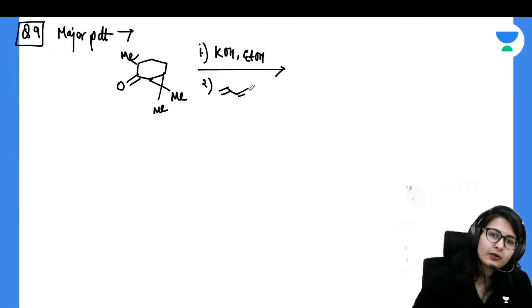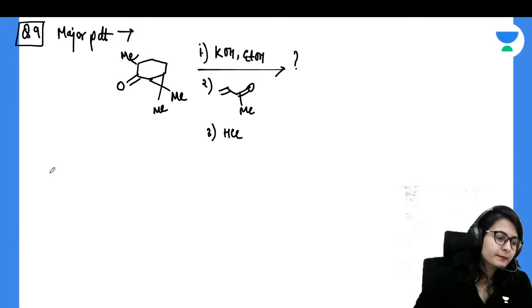Second step, you are going to have alpha beta unsaturated ketone molecule. Third step, you are having HCl. What is your major product? Option number A goes like this.